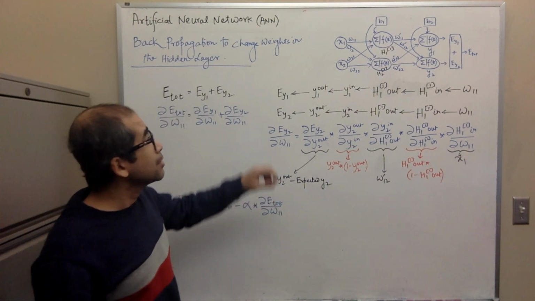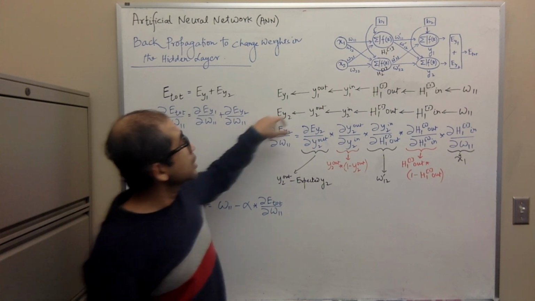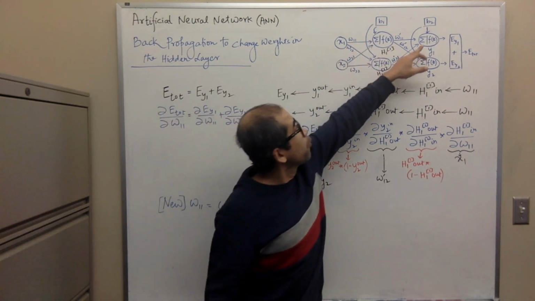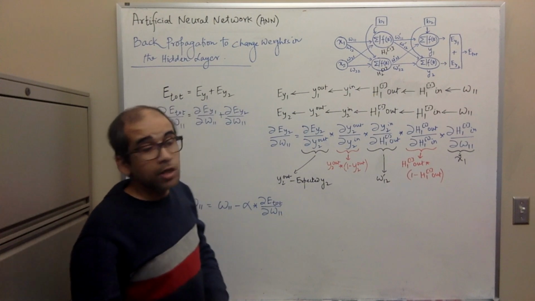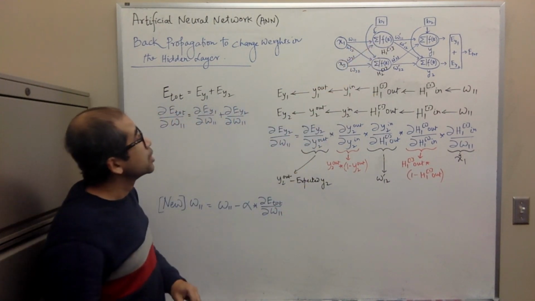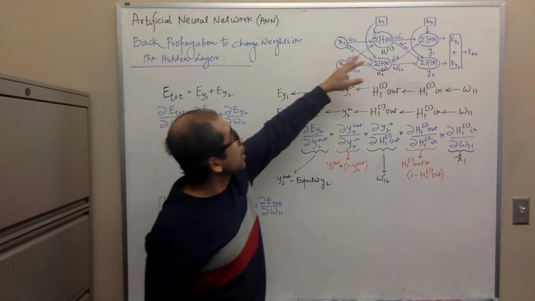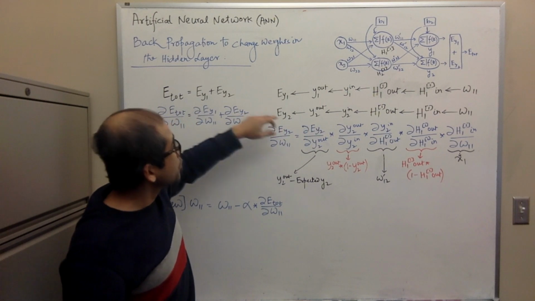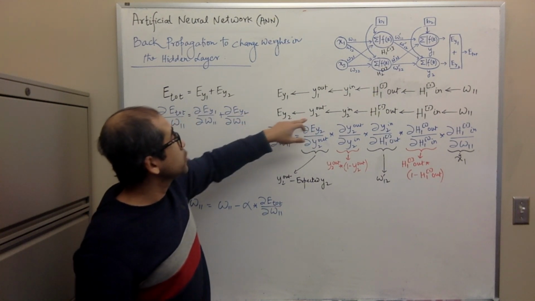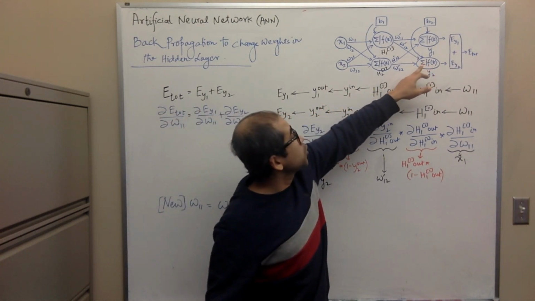Exactly similarly, we have to do it for EY2 also, because you can see that this weight affects both the outputs. It goes into both neurons and affects both of them, so when we change it, we have to consider both. Now you see Y2 depends on Y2 out, which is this, and then Y2 in.